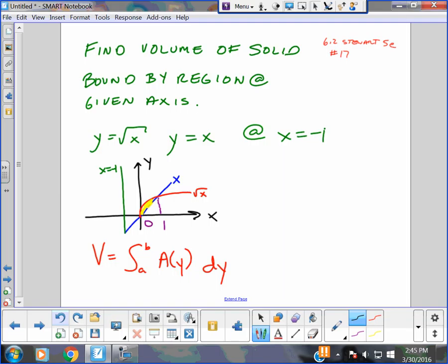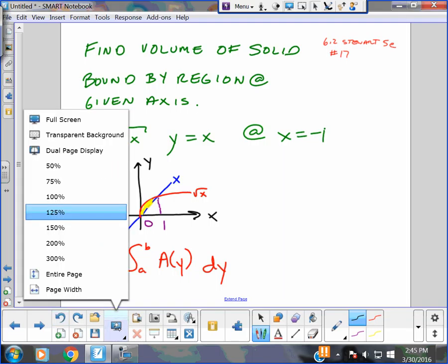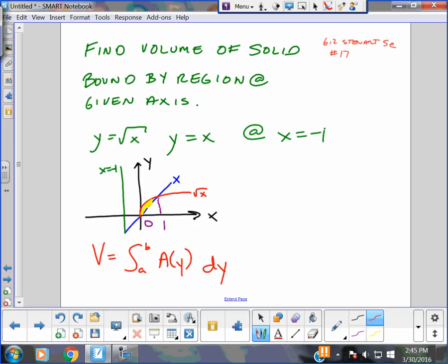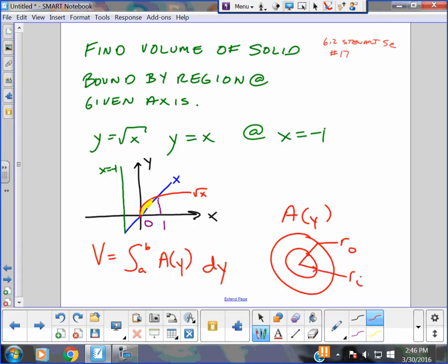And like a broken record, every single time, I will always draw the picture, R outside, the other radius is R inside. We can see that the area in the washer, right, is pi R outside squared minus pi R inside squared.